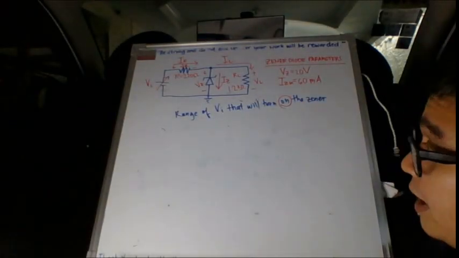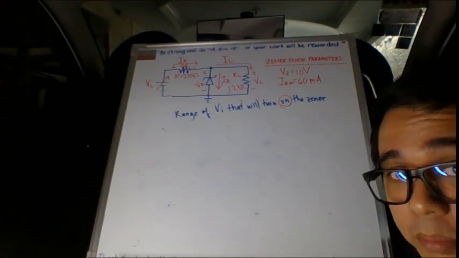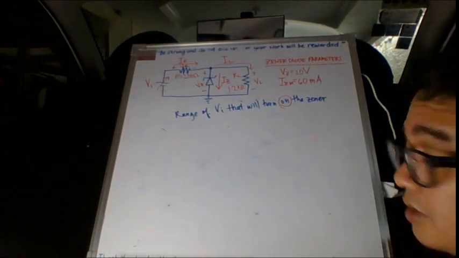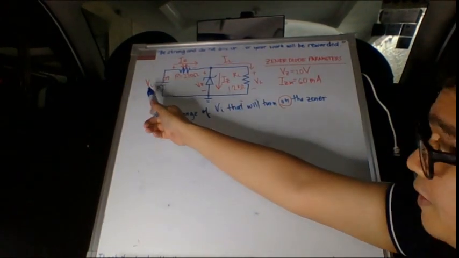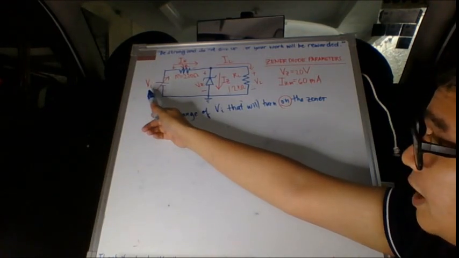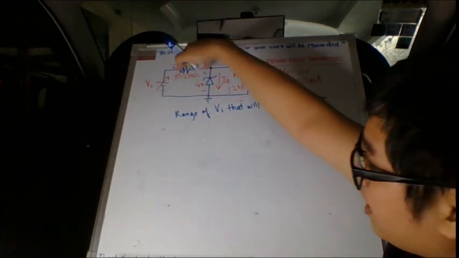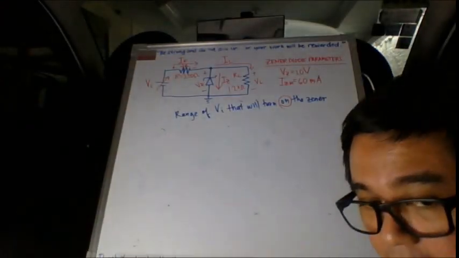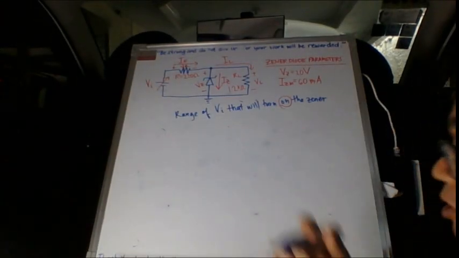Para makuha natin yung VI max or yung maximum input voltage, mag-focus dito tayo sa part na to ng ating circuit. We have V sub I. Okay? Nahati yung voltahe niya sa pagitan ng R tsaka ng ating Zener diode. We can now write down the KVL equation for this loop.